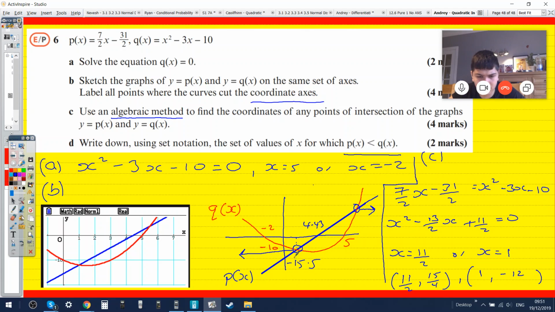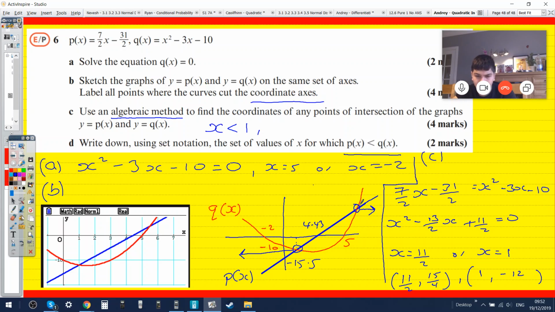We have the coordinate, it was 1 and minus 12. So in terms of x, to the left of 1, it's when x is less than 1.